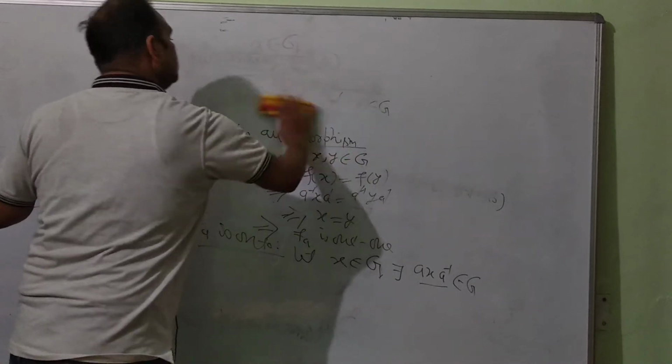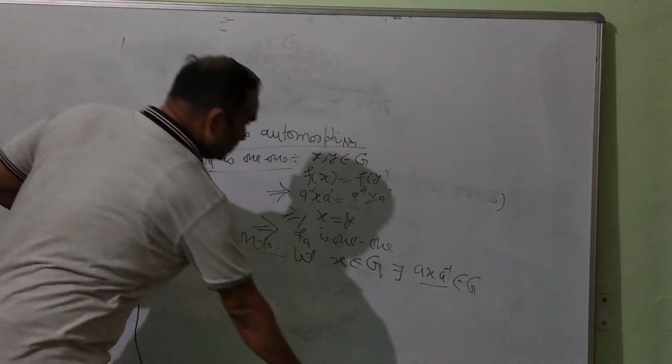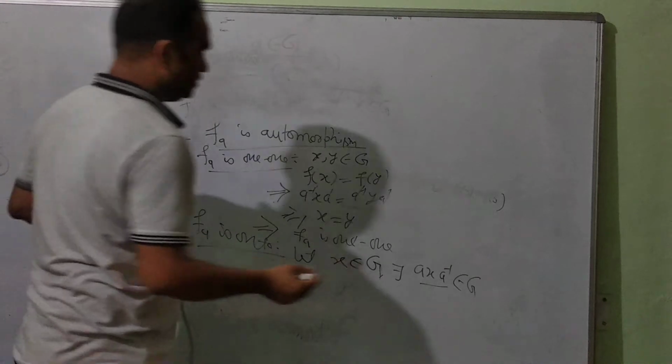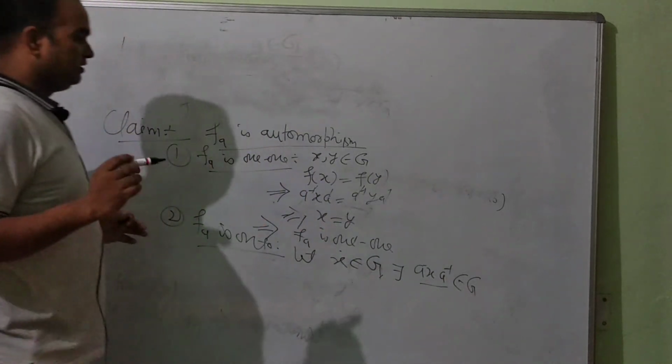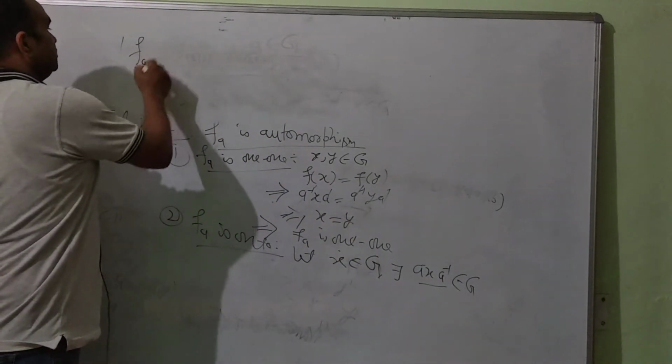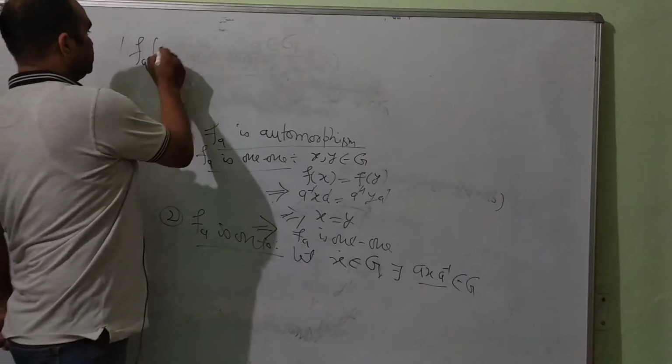So now we will show that this is the pre-image of this element. For this we will find the value of this.